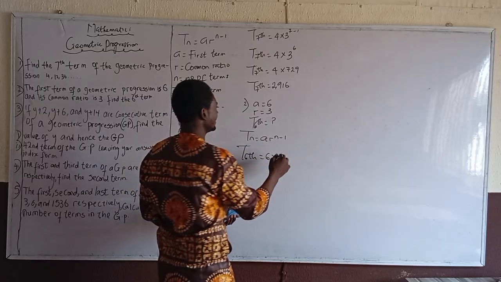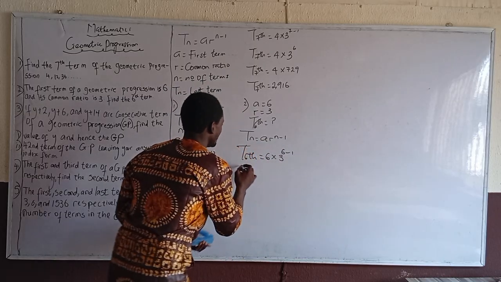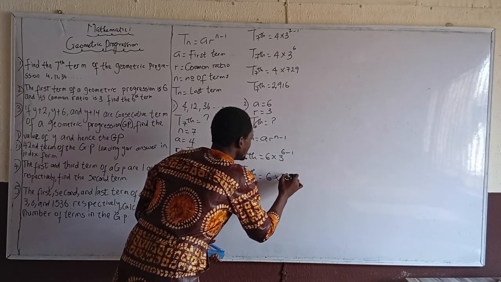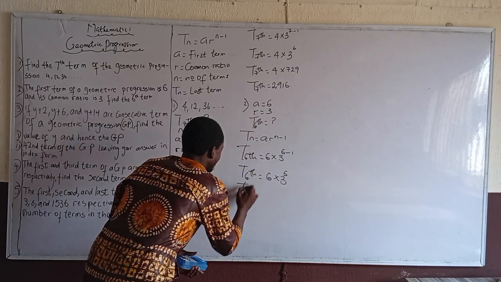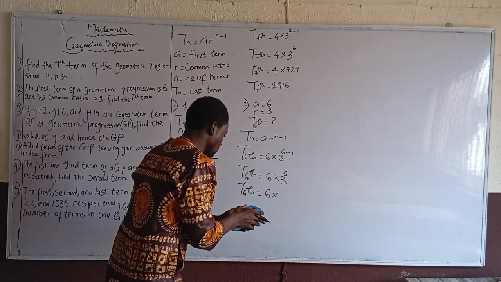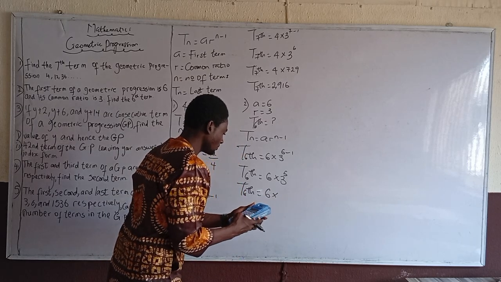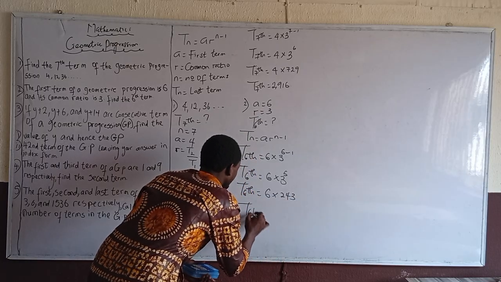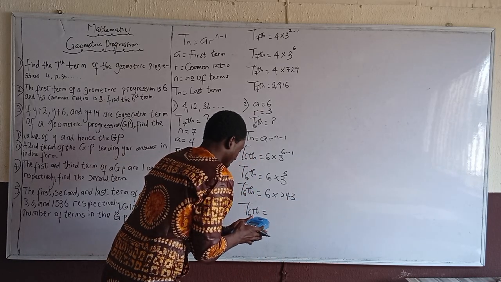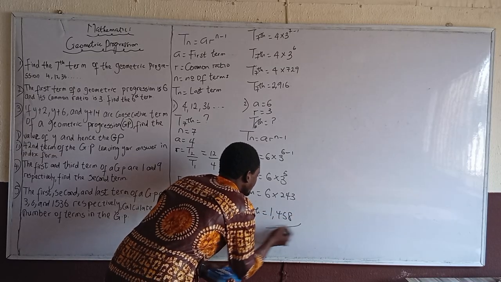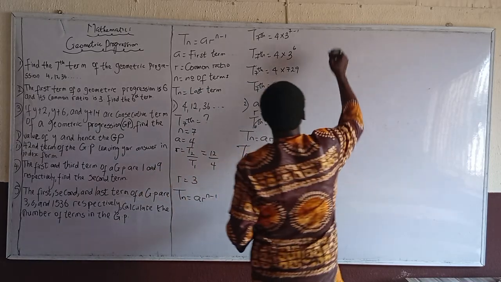My n is 6, that is 6 minus 1. My T6 is 6 times 3 raised to power 5. 3 raised to power 5 is 243, and I multiply by 6, that is 1458.